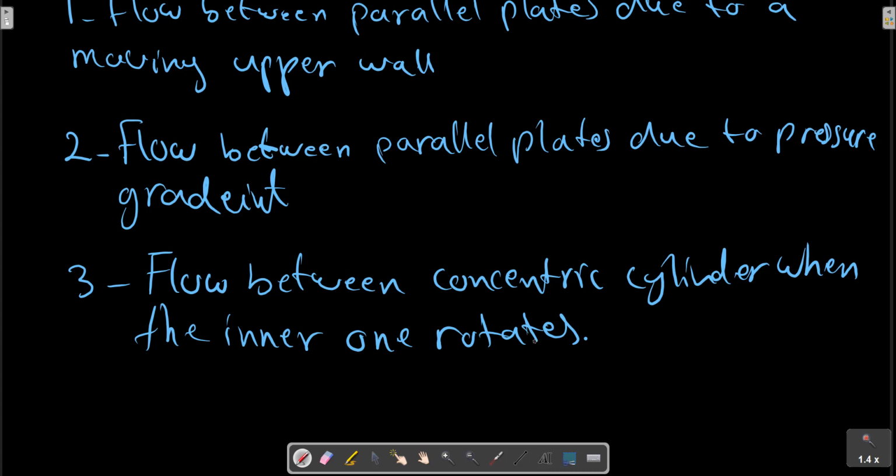Other cases will be given as problem assignments or considered in chapter 6.